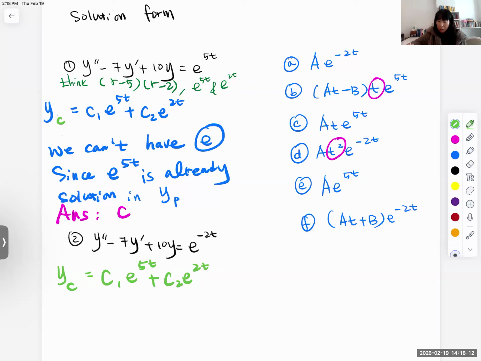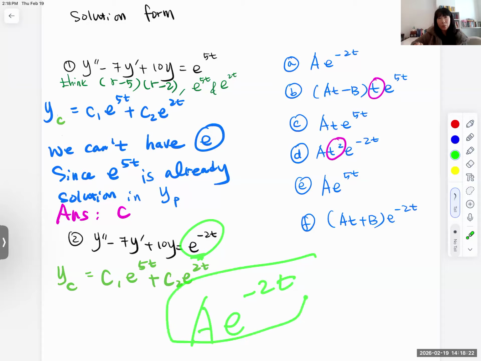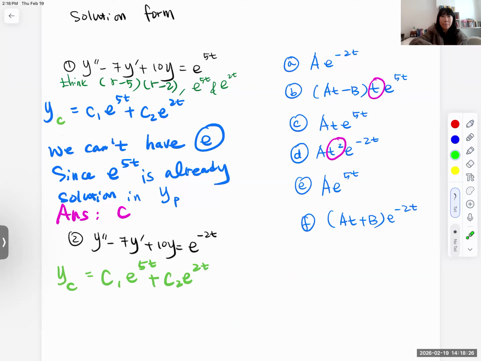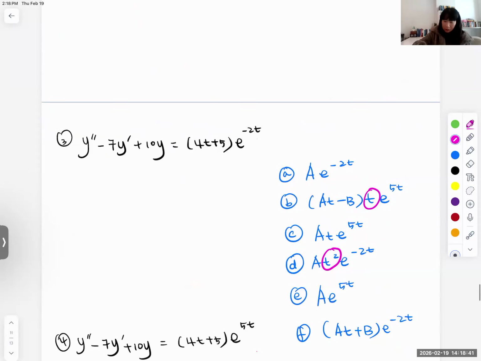Okay, then for particular solution, we can use a e to the negative 2t. No problem, right? So it will be a. So answer A. Yeah, good.